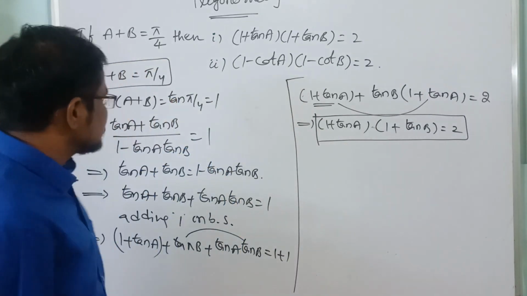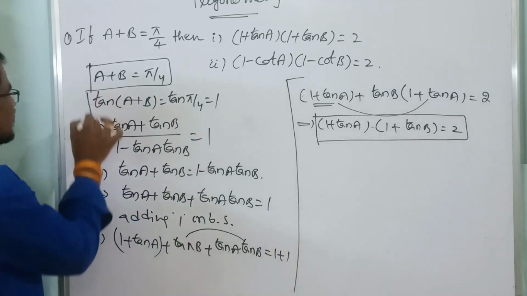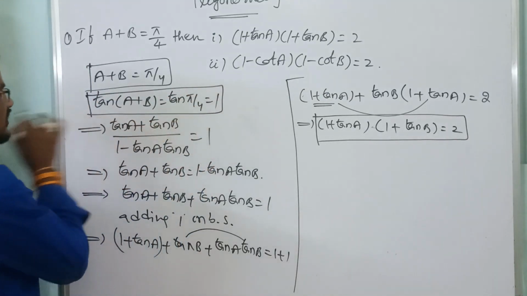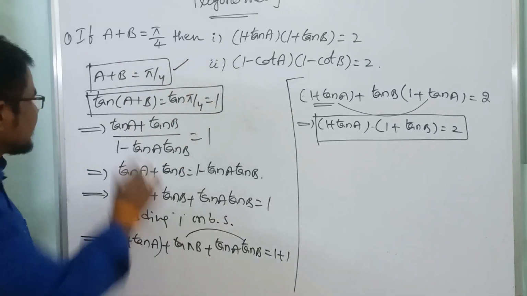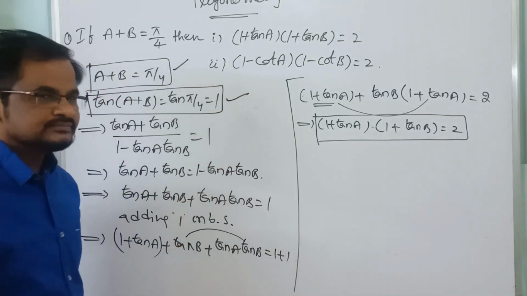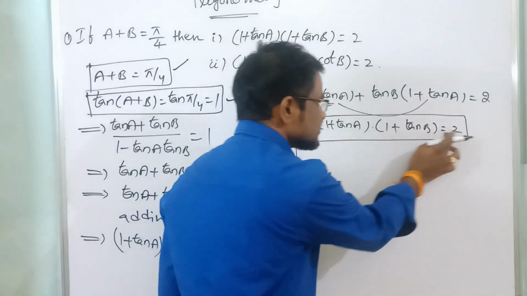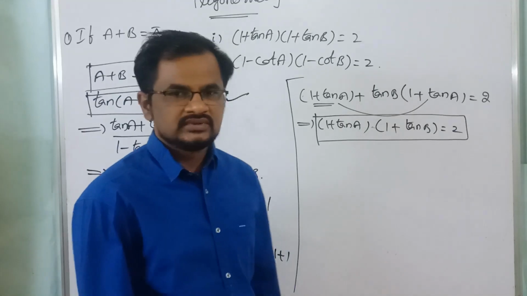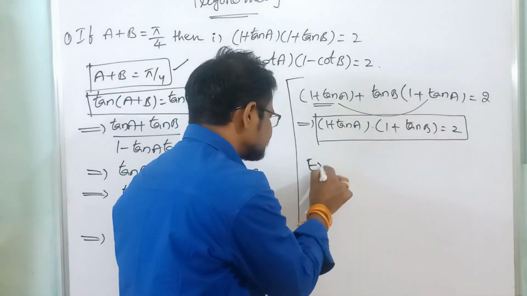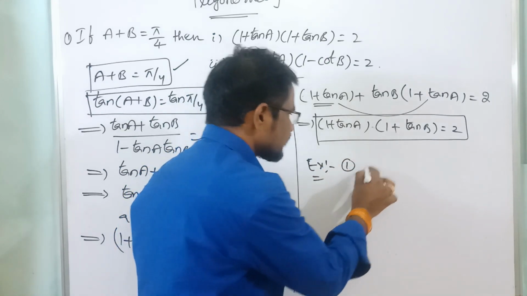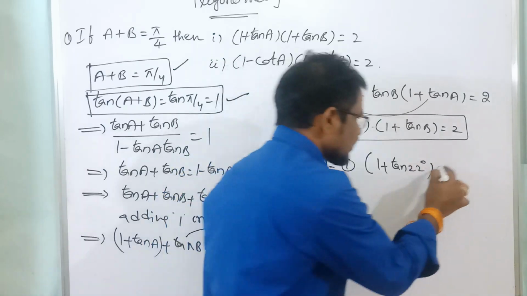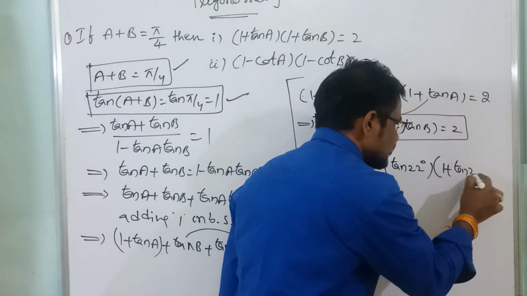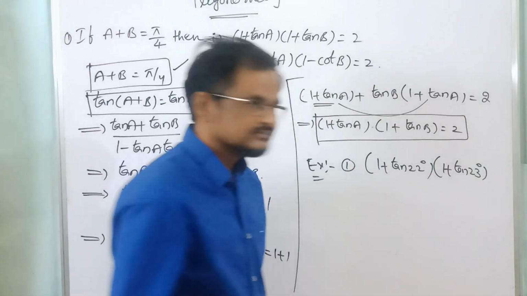This is also applicable for tan of a plus b equals 1, not only a plus b equals pi by 4. If tan of a plus b equals 1, then 1 plus tan a, 1 plus tan b is also 2. For example, suppose they give 1 plus tan 22 degrees, 1 plus tan 23 degrees.